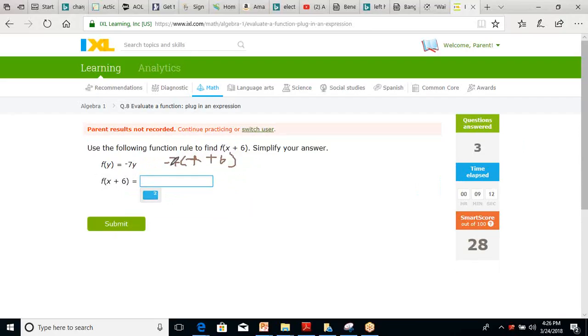So you're going to get minus 7x, and then 6 times 7 is 42, so minus 42. So when you simplify this, you get minus 7x minus 42. All you're doing for y is substituting x plus 6. Okay?